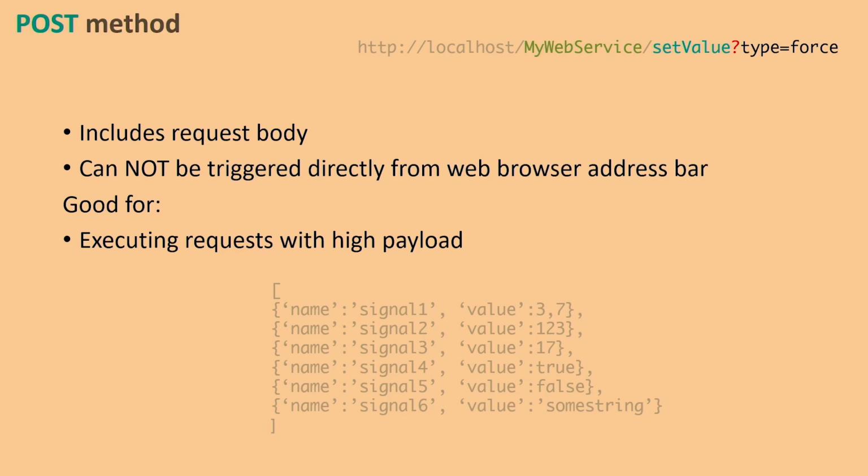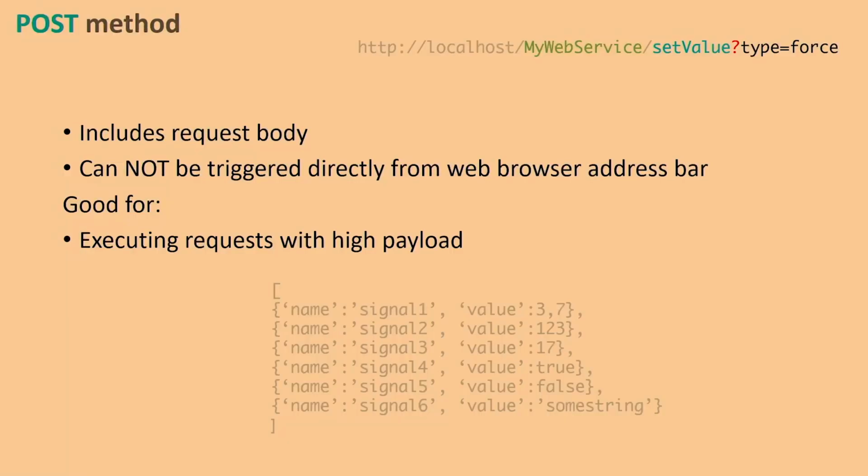It is good for executing methods which require a lot of data. In our applications, we have to set some values of the signals. There are typically thousands of values in thousands of signals in the system we produce, or we need to read them back.